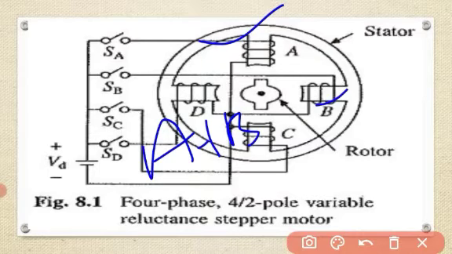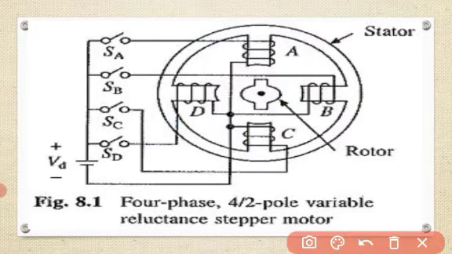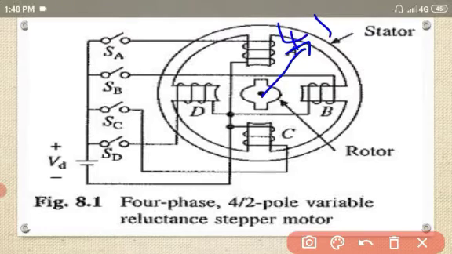The rotor takes exactly 45 degrees, half of this one, because it follows the low reluctance path and takes the position shown. Once again I will show you here. I will delete. Okay, so the position it takes is here. It means it goes 45 degrees.